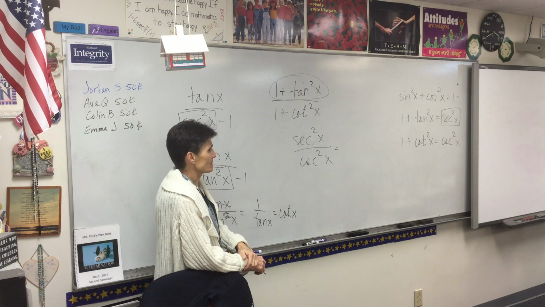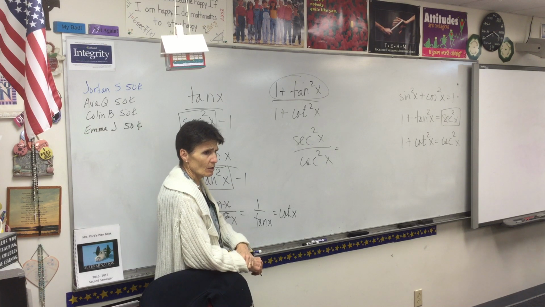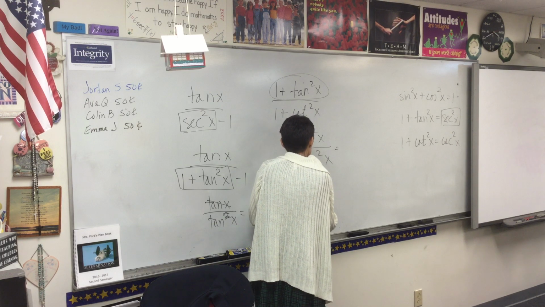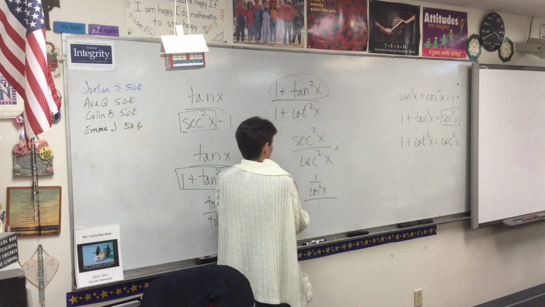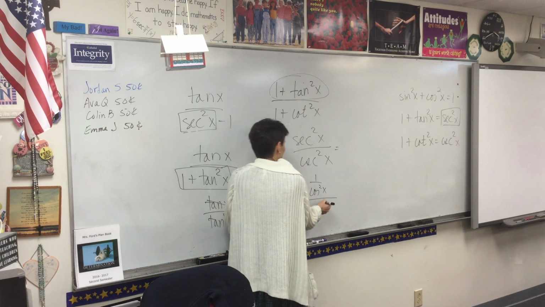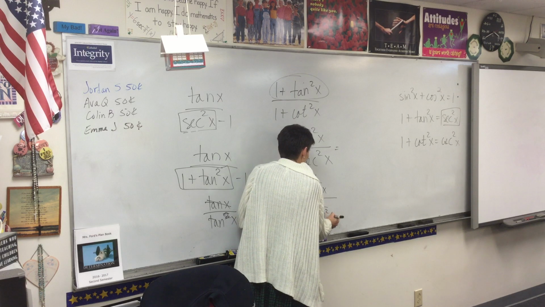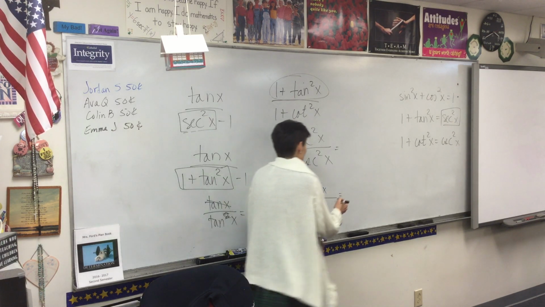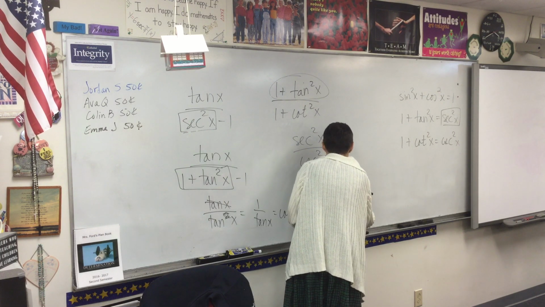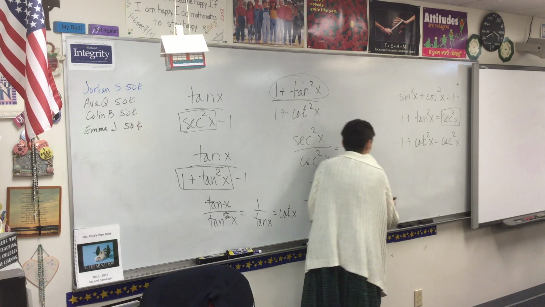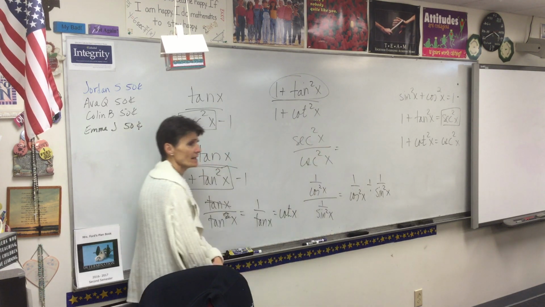Now, what is secant squared? 1 over cosine squared. So I'm going to think of this as 1 over cosine squared. And what's that? Cosecant squared, 1 over sine squared. These are fractions being divided. What do I do when I divide fractions?